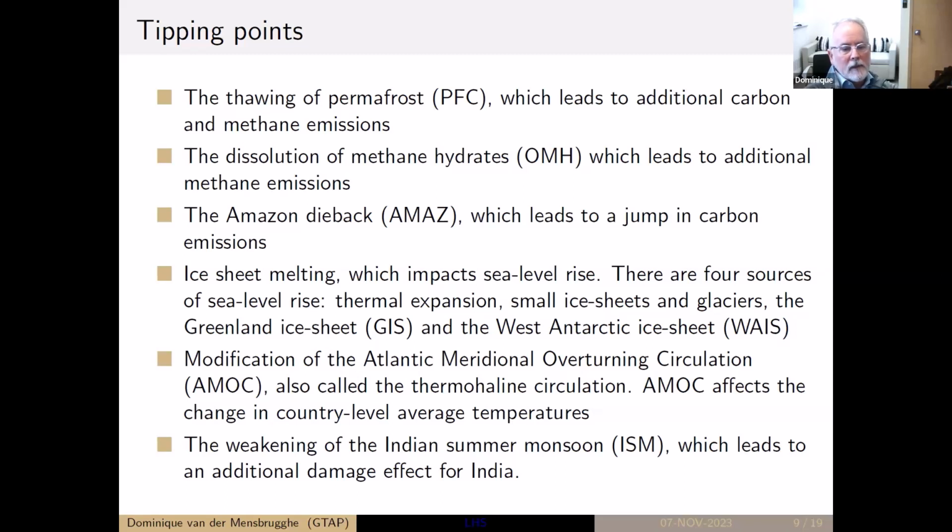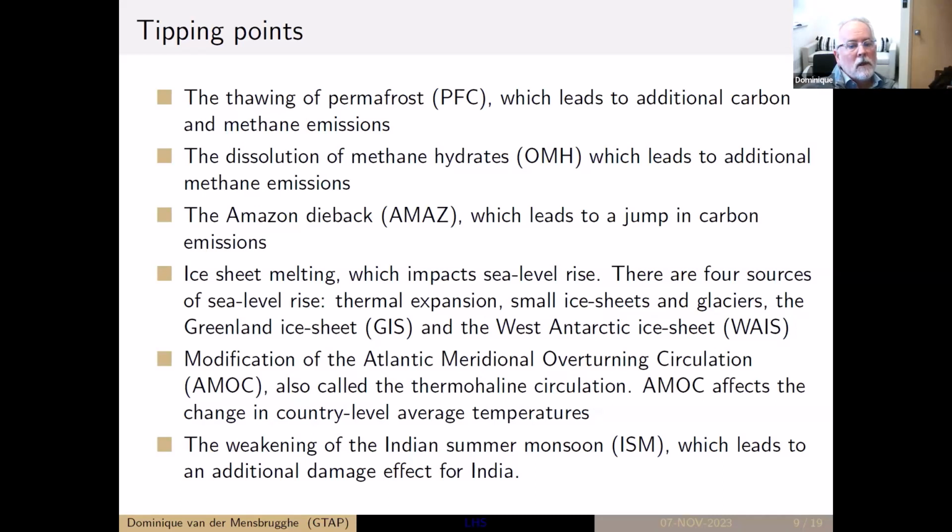The 6th one is the change in the deep underwater currents, also known as the Atlantic meridional overturning circulation, or the thermohaline circulation. That can affect changing temperatures at the country level. And then the final one is the weakening of the Indian summer monsoon.